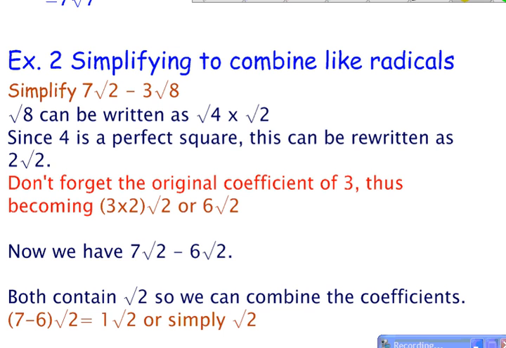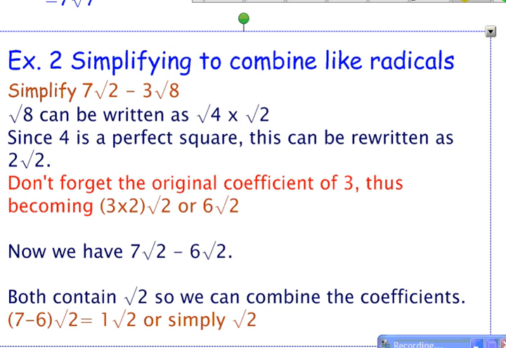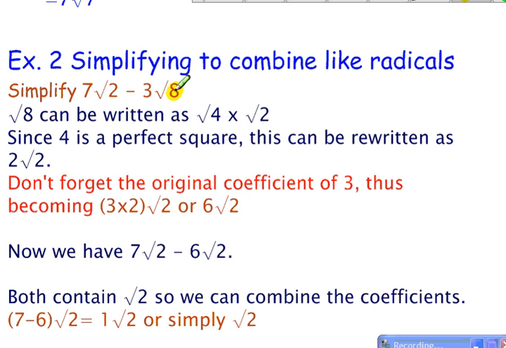What we can do is examine this 8. Radical 8 can be written as radical 4 times radical 2. Since 4 is a perfect square, this can be rewritten as 2 square root of 2.